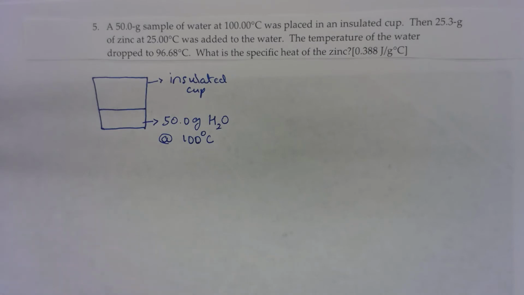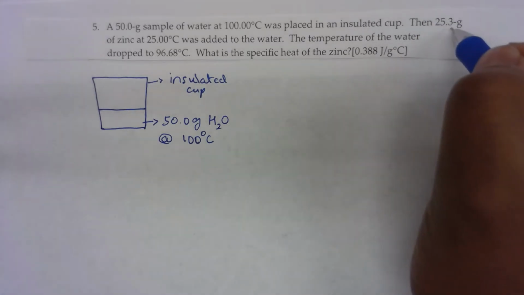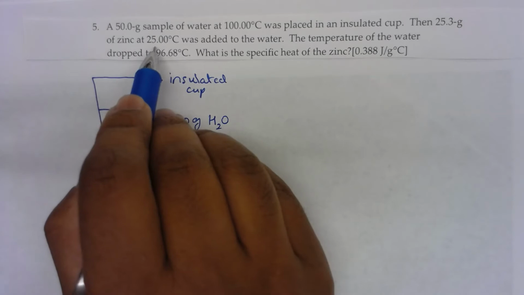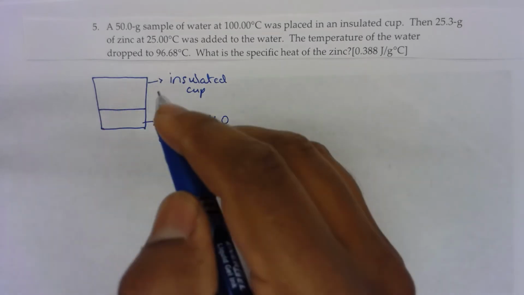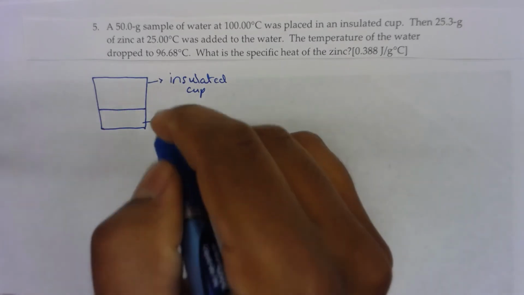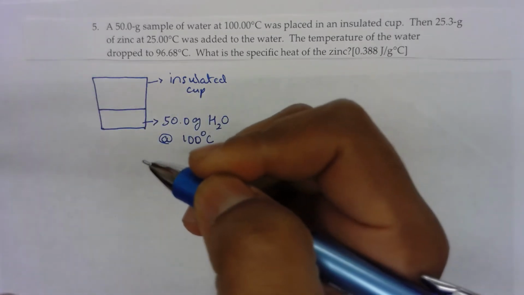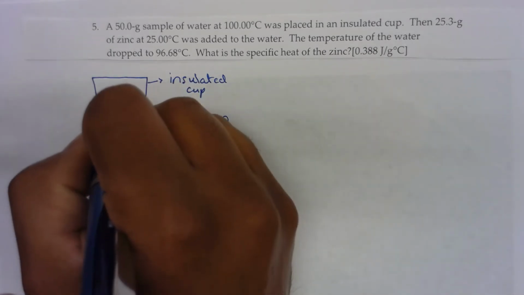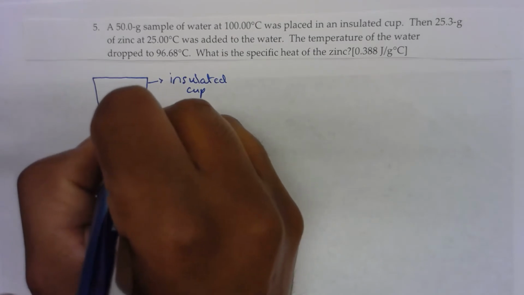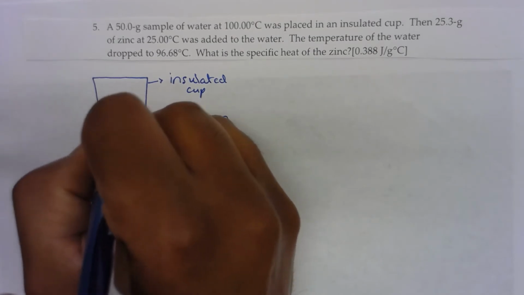Now, what do you do to this water? You took a 25.3 grams of zinc metal, which was at 25 degrees Celsius, right? And because zinc is a metal, and metals are denser than water, this block of zinc sank to the bottom.